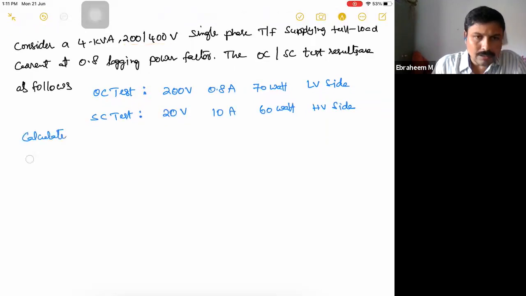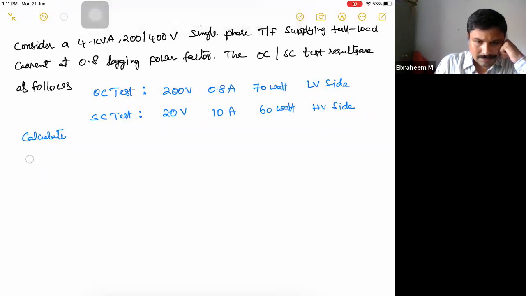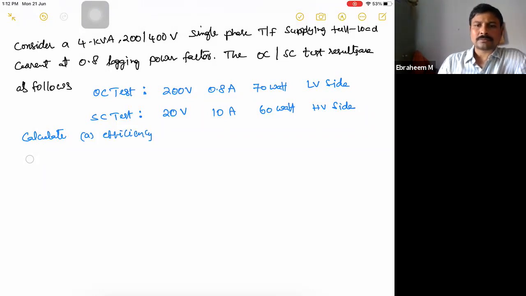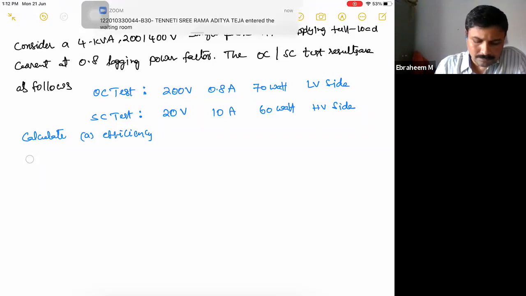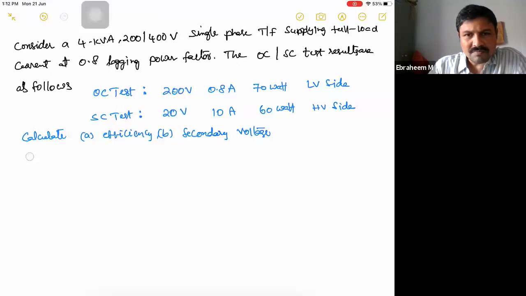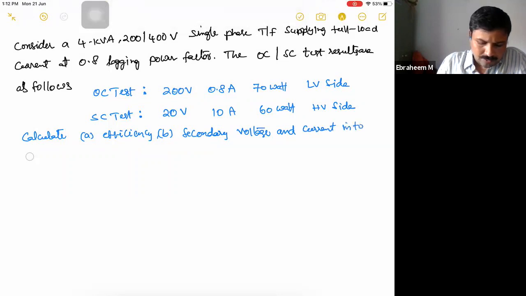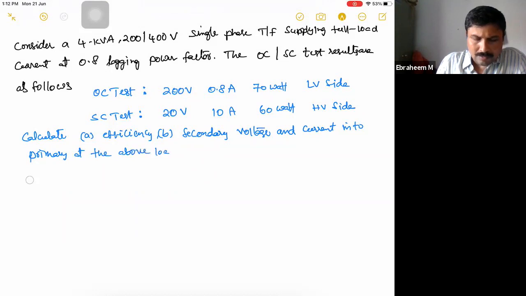Calculate efficiency, secondary voltage and current in the primary at the above load.